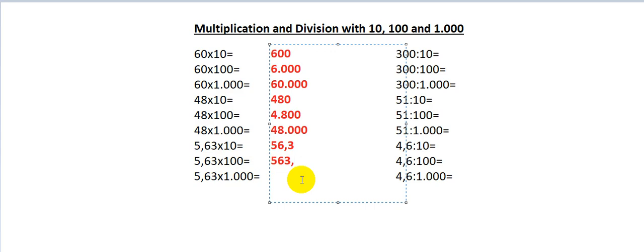Now some of you write 563.0. When you get a result like this, you can just delete the point and the 0. If there's no number to their right, there's no reason for them to be there. This isn't wrong if you write 563.0. It's not wrong. It's just that 563 is more correct.